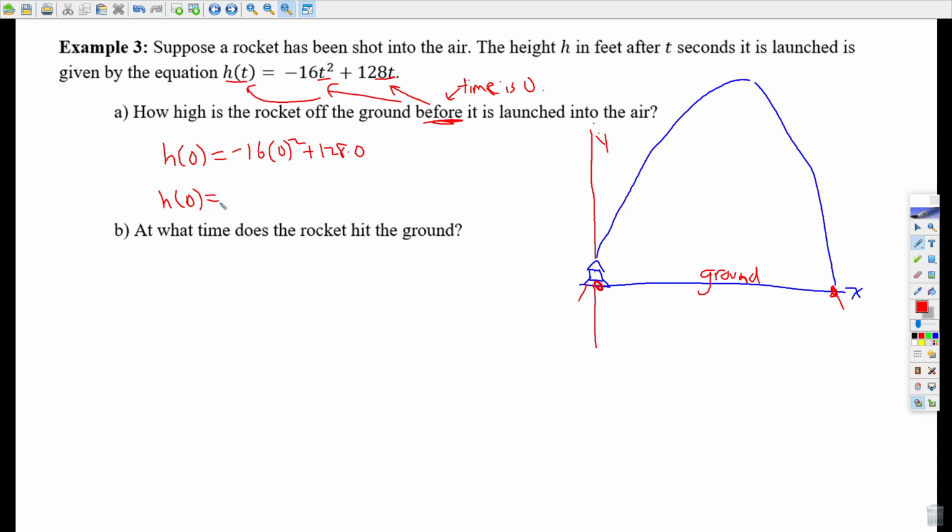This will be how far off the ground the rocket is. And if you evaluate this, you multiply these together, you get 0. 0 squared is 0 times 16 is still 0. The whole thing is going to be 0. So basically, it's just saying that the rocket is on the ground at the time before you shoot it up into the air. Sometimes they could be on a platform or just off the ground, but we're saying here this value is 0.